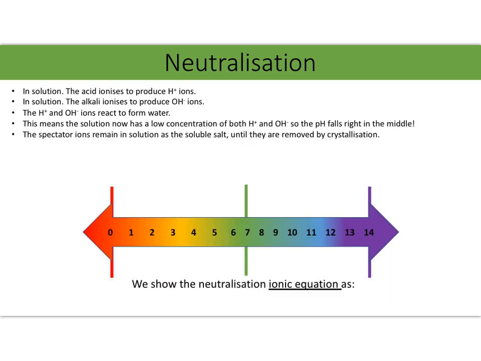So let's think about this a little bit more carefully then. We know that something is an acid because it has H plus ions, and we know that something is an alkali if it has OH minus ions, and one thing that we know is neutral is water. And if you look at what I've written there, hopefully you're starting to see a connection or relationship between them.